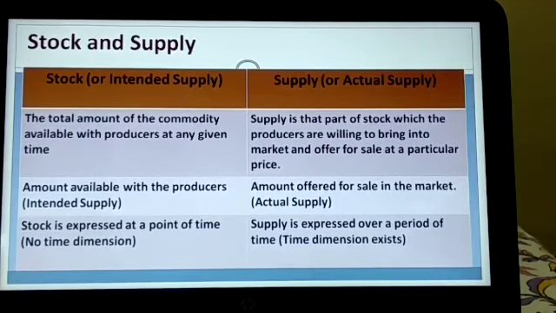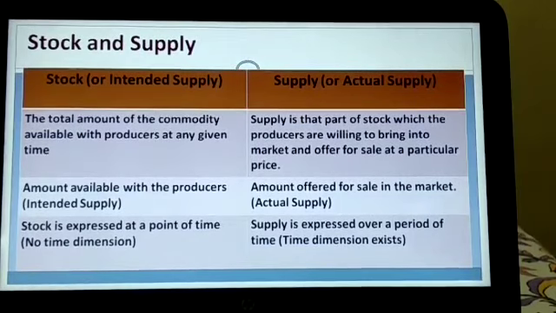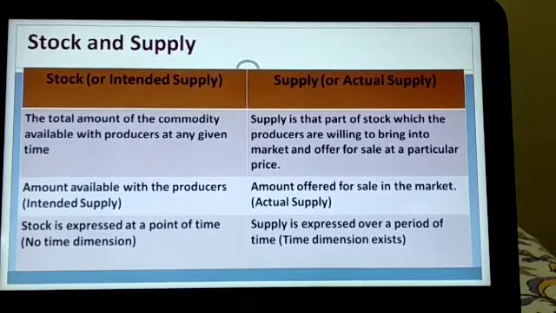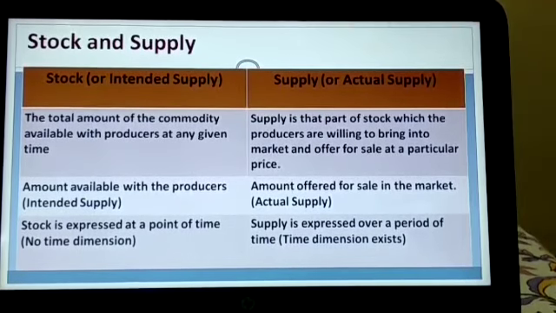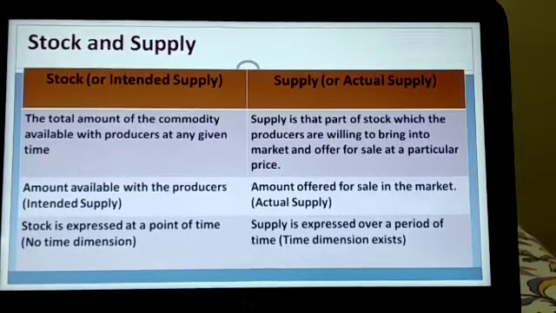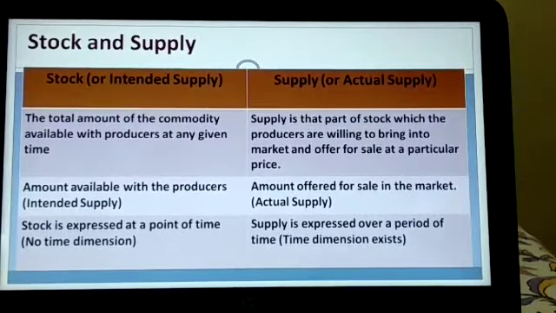And supply is a part of the stock. Supply is that part of the stock which the producers are willing to bring into the market and offer for sale. So the main difference between the two, I told you the point in the starting itself, is offer for sale.